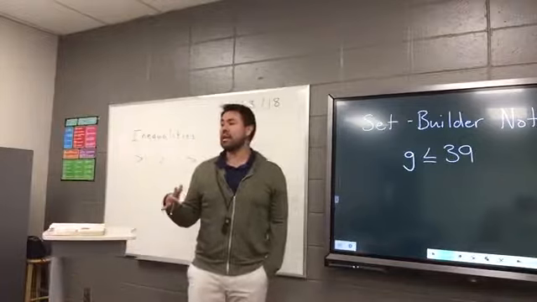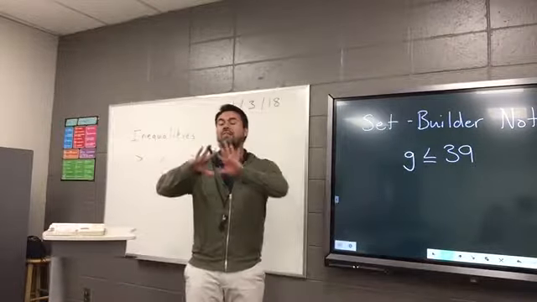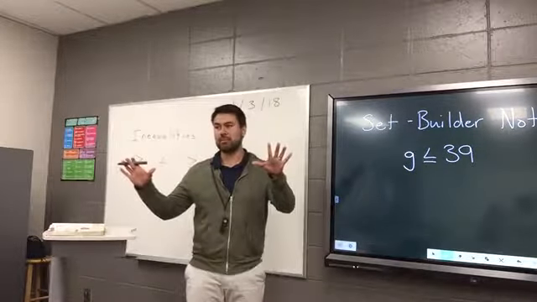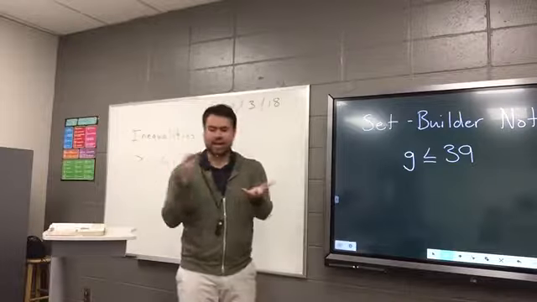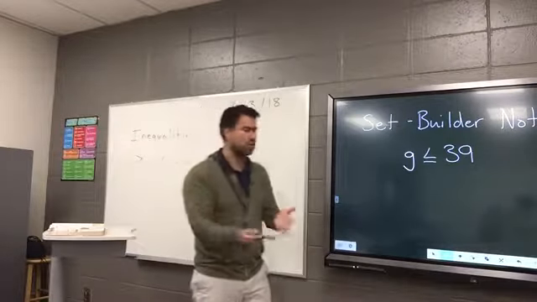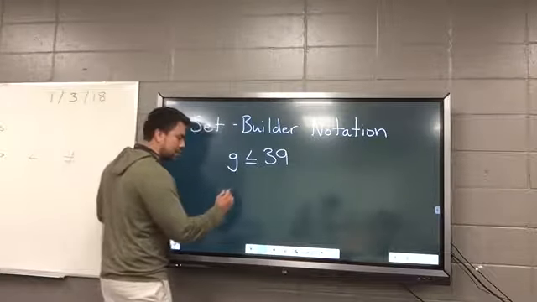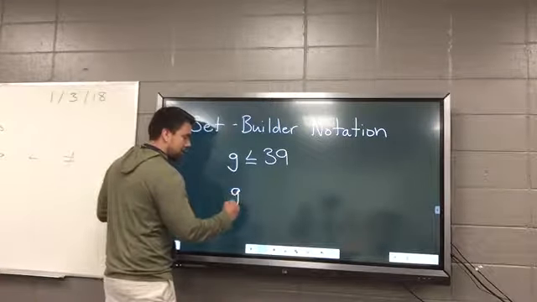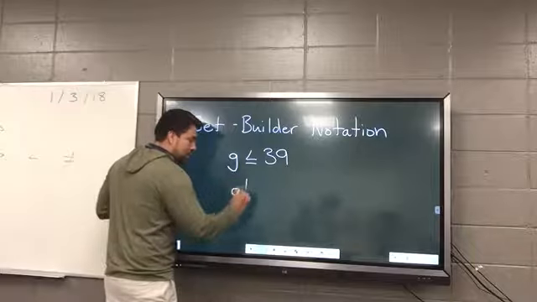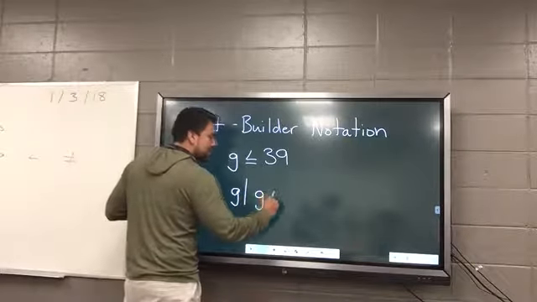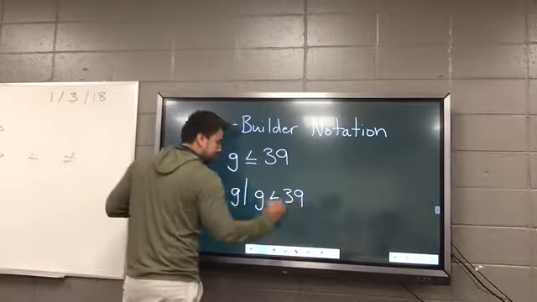This is how you would write it in set builder. Did I have a restriction on what kind of number g can be? No, I didn't say it had to be a whole number or an integer or a rational. I didn't say any of that. So this is the set builder notation I want you guys to get used to. g is any number such that g is less than or equal to 39.